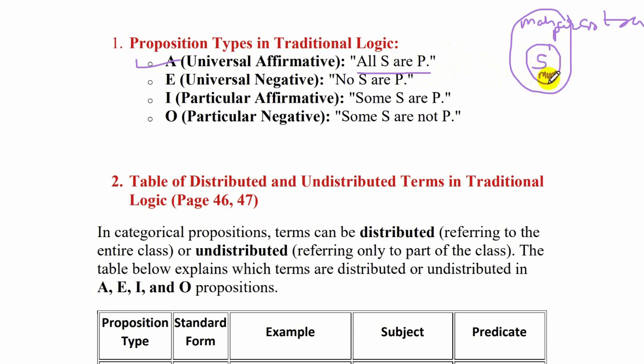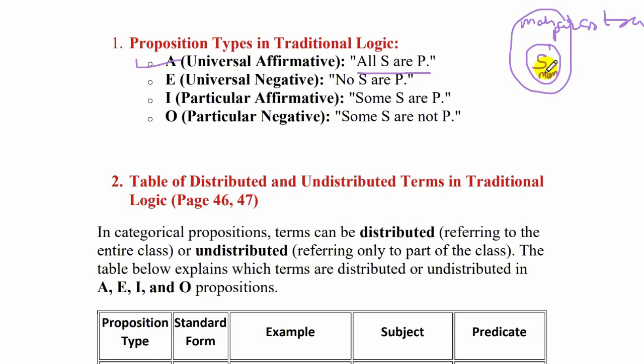So we say that this S, the subject part, the Mumbai part, is distributed. Why distributed? Because every member of this S class, the quality of that is distributed to all of its terms.